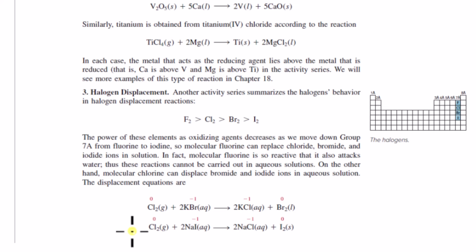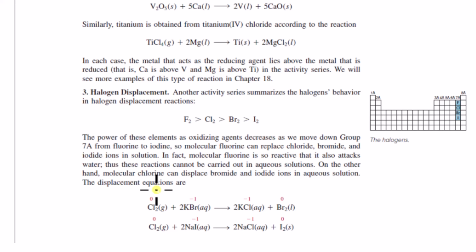So, for example, here we've got chlorine gas dissolved in an aqueous potassium bromide solution and an aqueous sodium iodide solution. So here we've got dissolved halides, right? Bromide, iodide, those are halogens, but in the negative oxidation state, so halides.